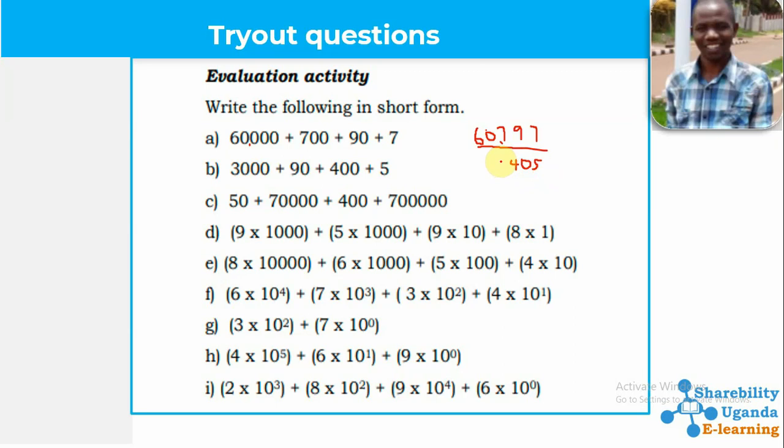Here they had just disorganized it, but this is going to be 95, then 3,000. We are going to see how we have come up with these numbers, so let's try them down here, and see how we have come up with this.